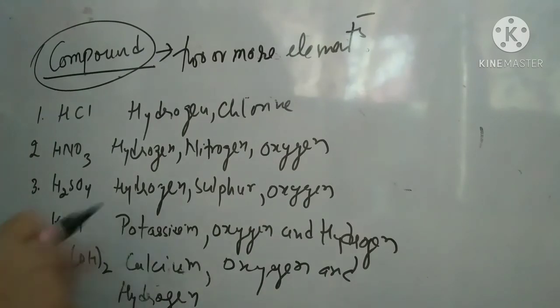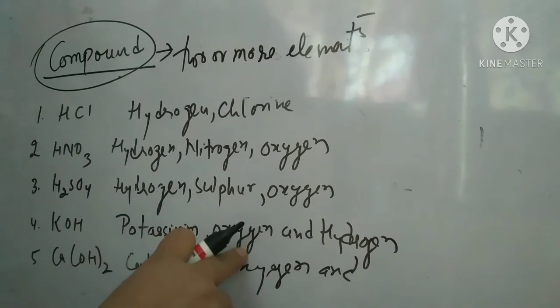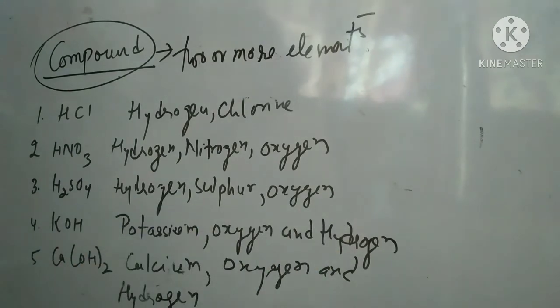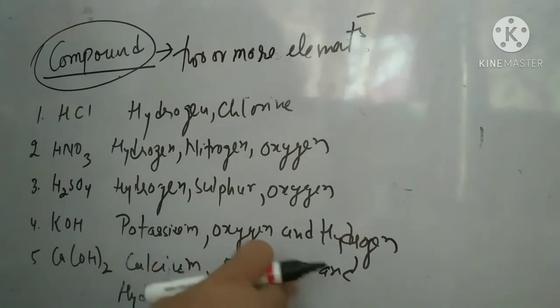The elements present in potassium hydroxide are potassium, oxygen, and hydrogen. Number 5. Calcium hydroxide. The elements which are present in calcium hydroxide are calcium, oxygen, and hydrogen.